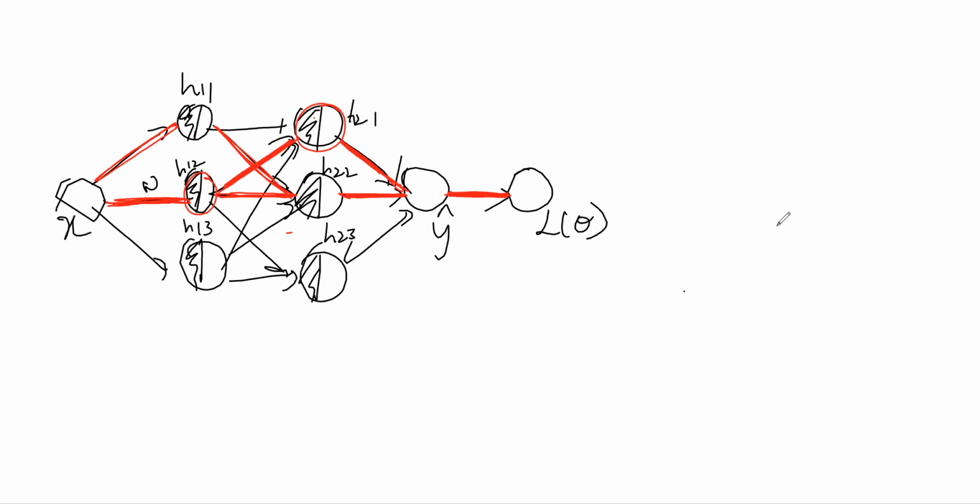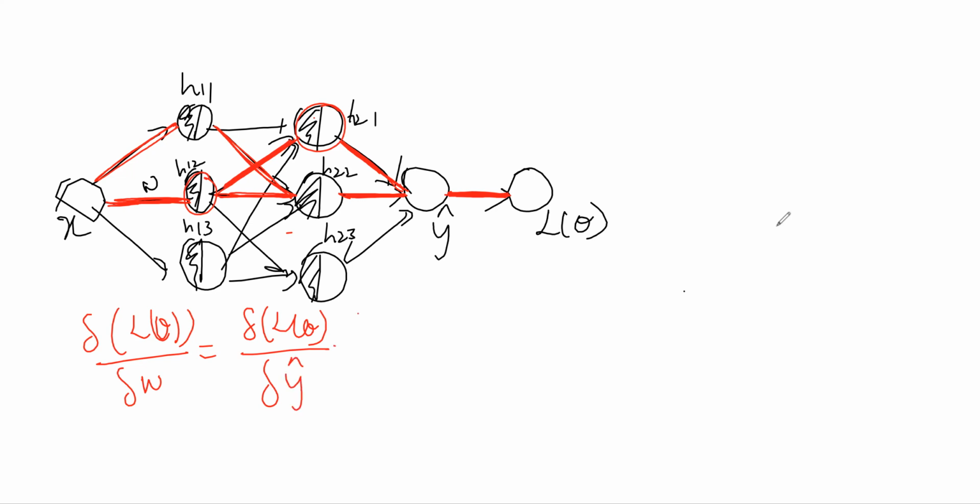Okay, so we actually did the loss function, right? So the partial derivative of L of theta divided by the partial derivative of W was, what was it? Can you tell me? Partial derivative of L of theta divided by what? Delta Y cap into delta Y cap divided by delta H22. Yes, I want this part.